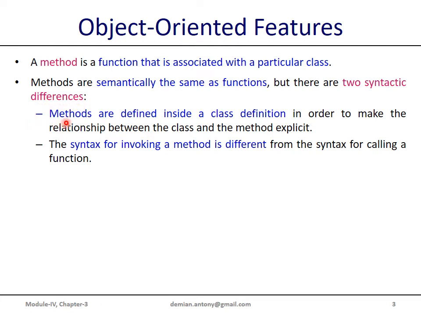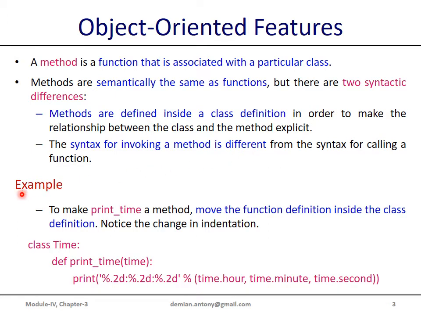One is that methods are always defined inside a class definition in Python in order to establish the relationship between the class and the method. And second, the syntax to invoke a method, to reference a method, is different from a function. The syntax that we use to access a method involves the class instance or object.